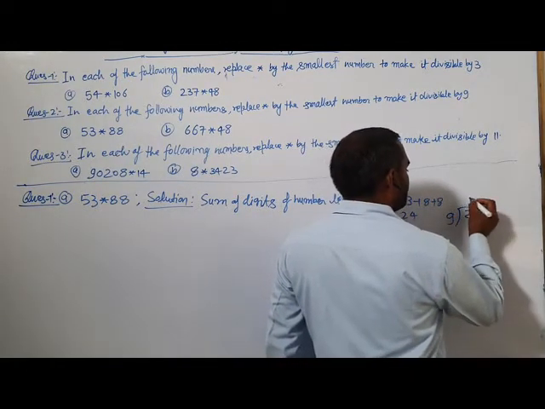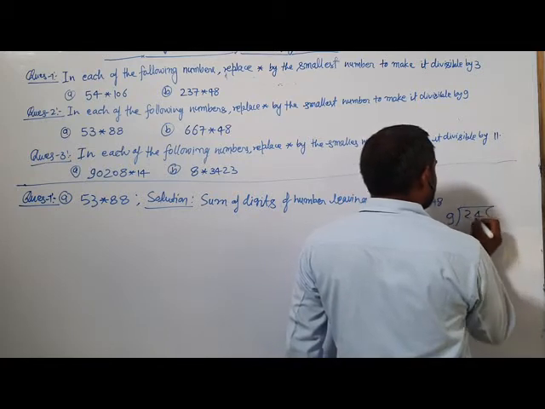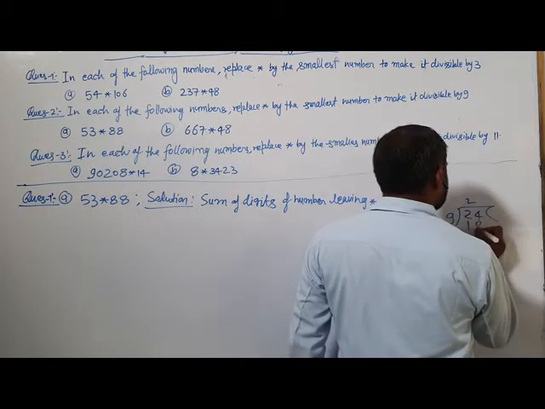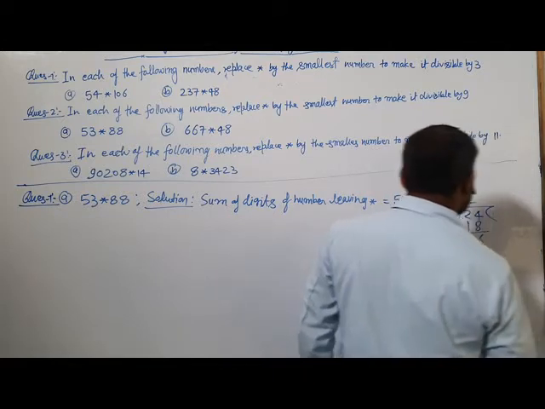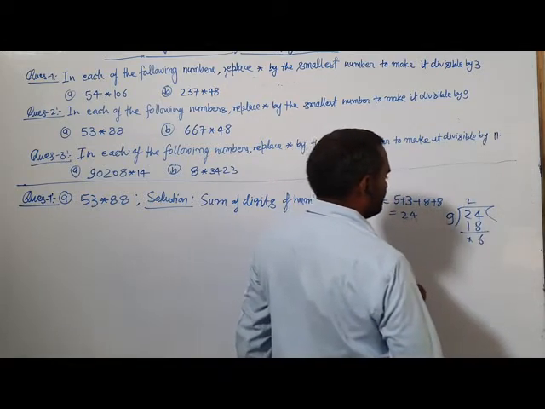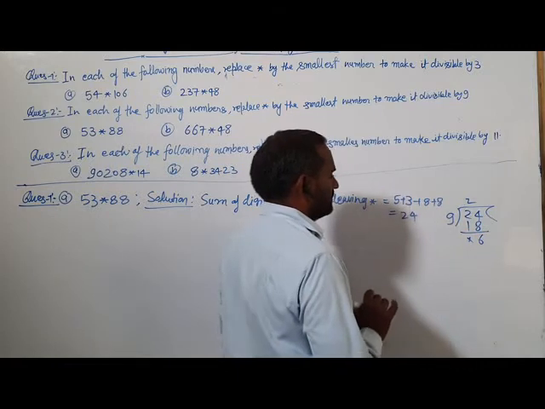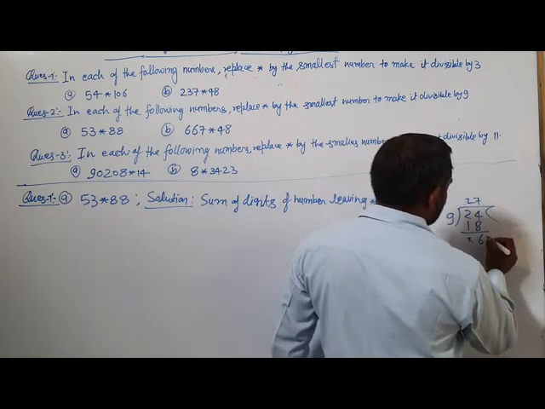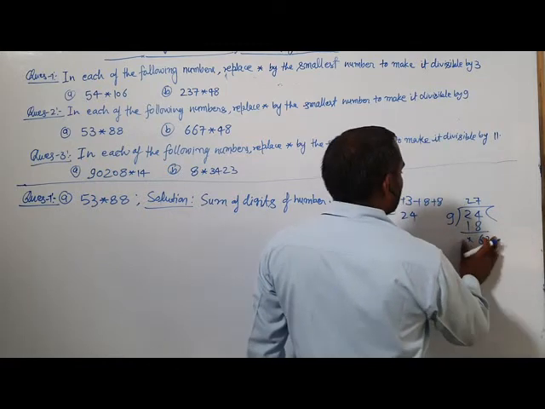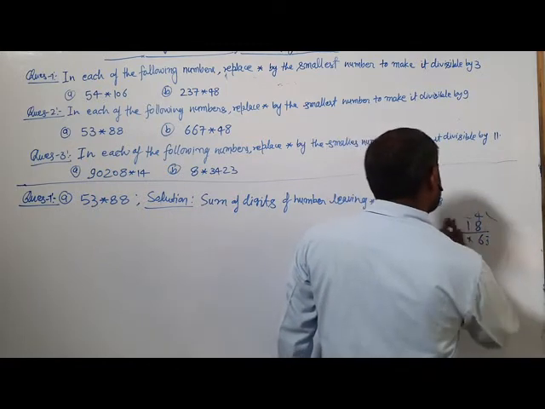9 2s are 18, 9 3s are 27. So it is not divisible by 9.